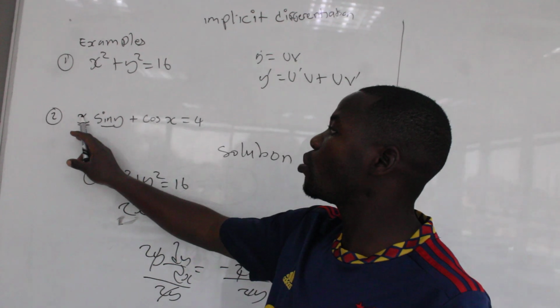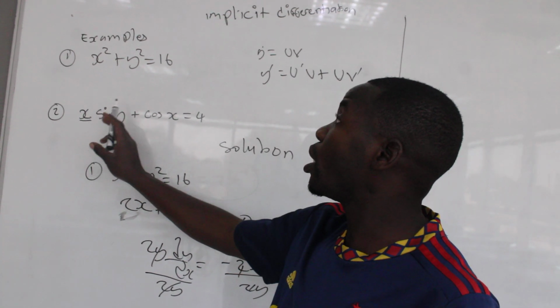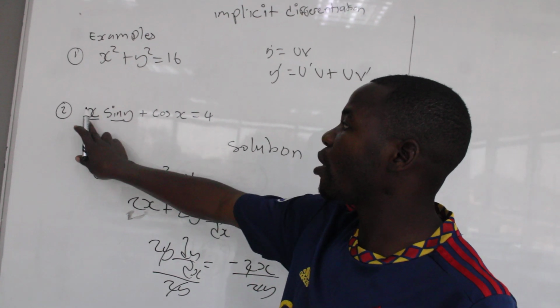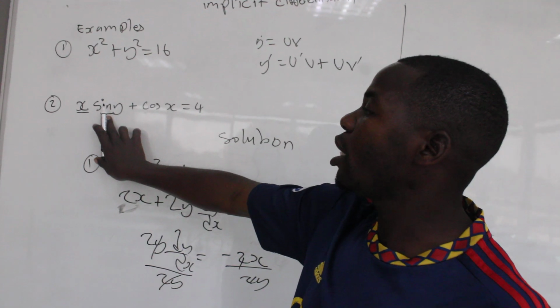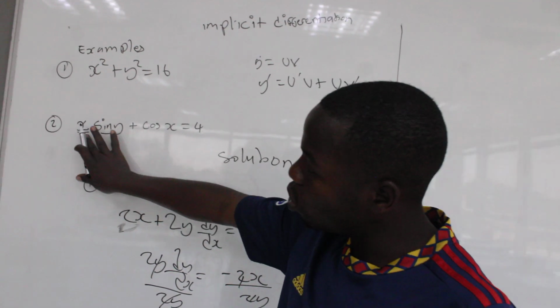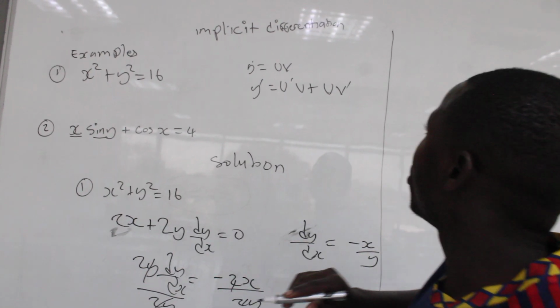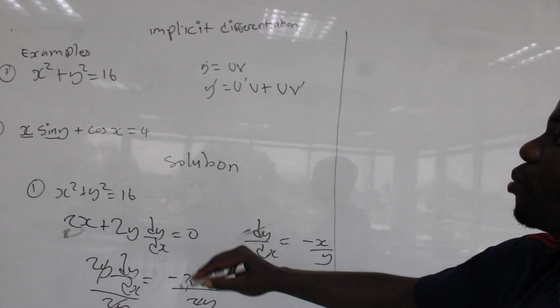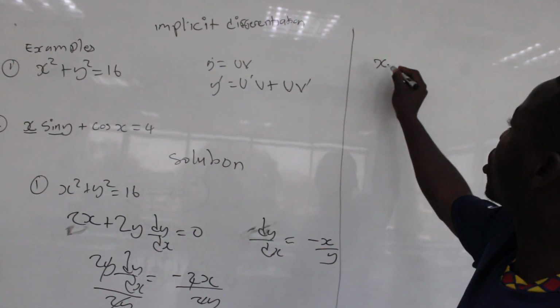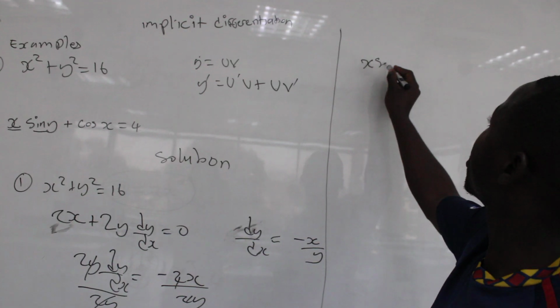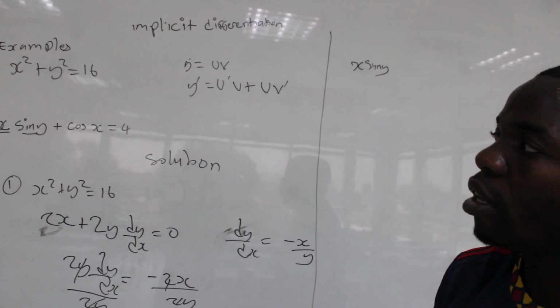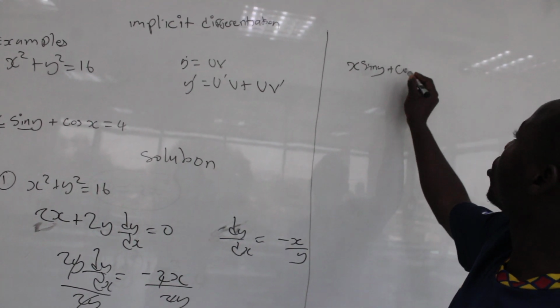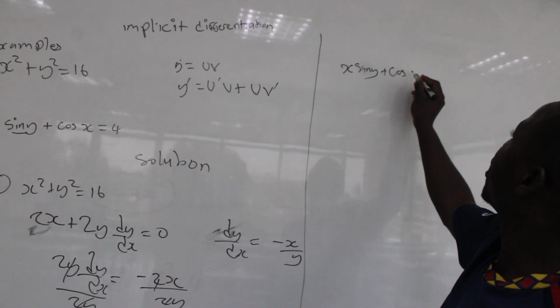I'm going to differentiate this one and maintain the other, then plus, differentiate the other one and maintain this one. So you have x sine y plus cos x is equal to 4.